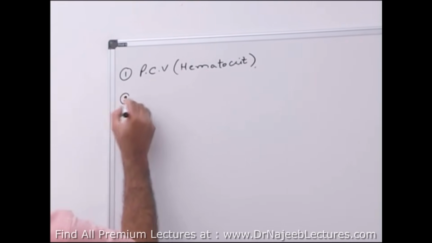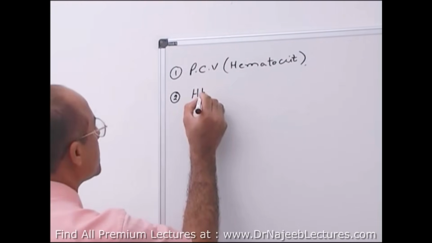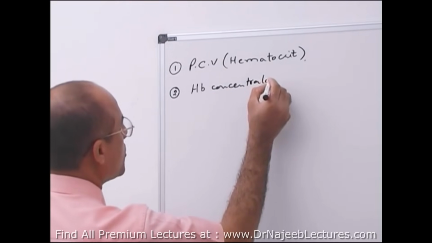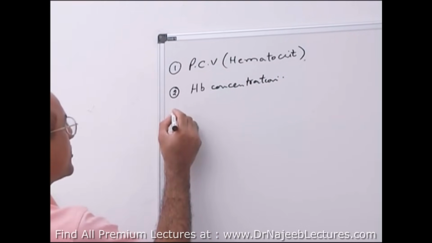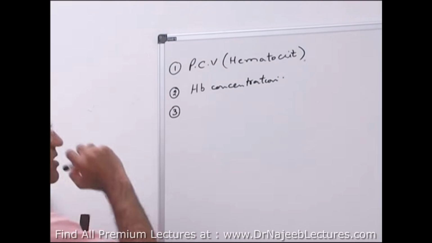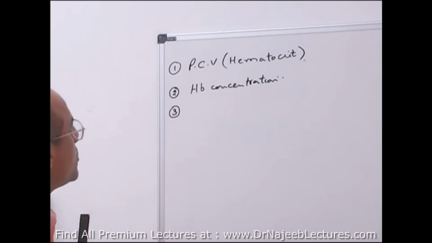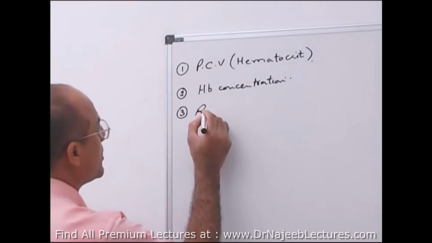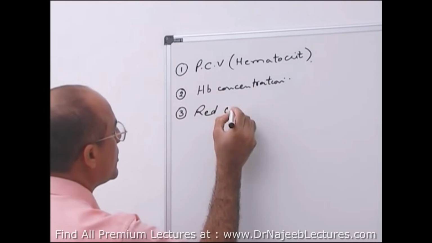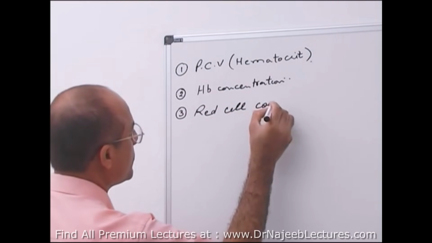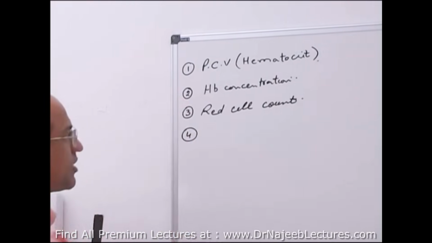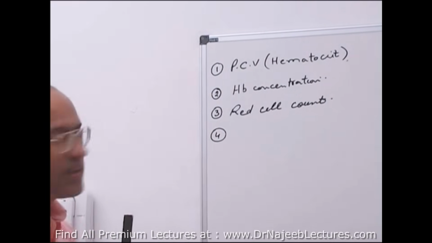Number two, you must know the concept of hemoglobin concentration. Number three, you must be clear about red cell count. After the lectures, you must be clear in all these terms which I am writing there.